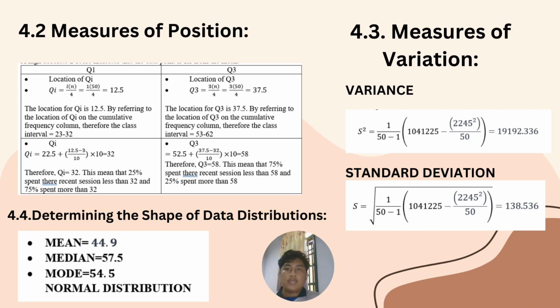Now, try to find the measurement of variation. For the variance, you need to put 1 over 50 minus 1, open, 1,041,235 minus 20,245 squared times 2 over 50, and you will get 19,192.336.